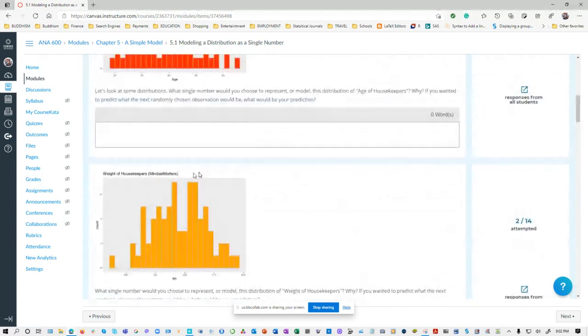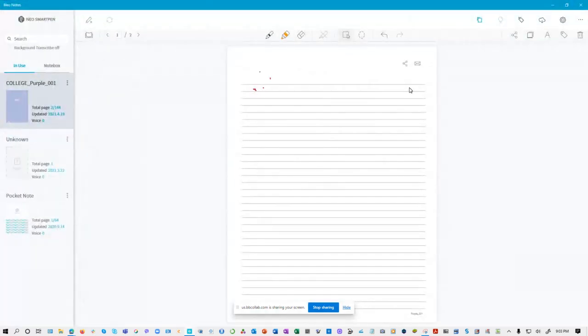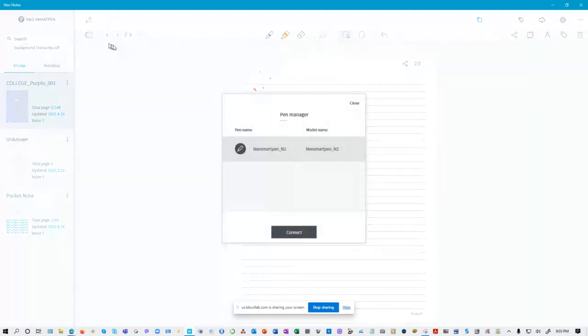Related to this one, I'm going to bring this here and write something. Why these three? Mainly the three quantities we were talking about.